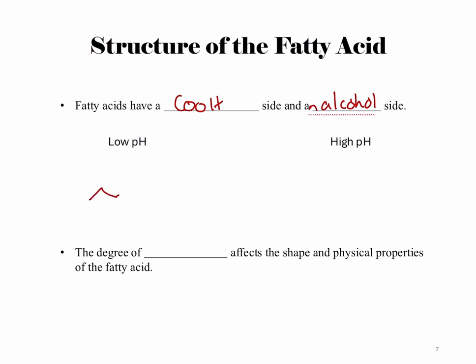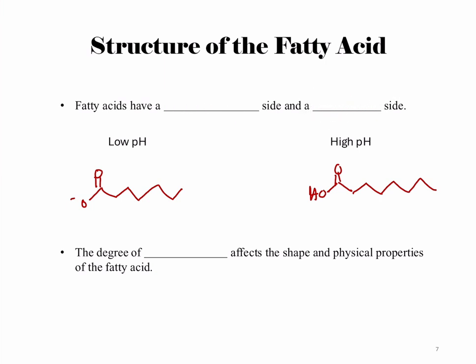And at low pH, so potentially in saponification, we'll have a carboxylate ion. At high pH, they will have a protonated carboxylic acid group. And sorry, this isn't a carboxylic acid side and an alcohol side.